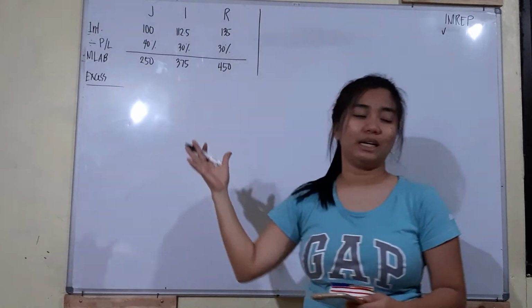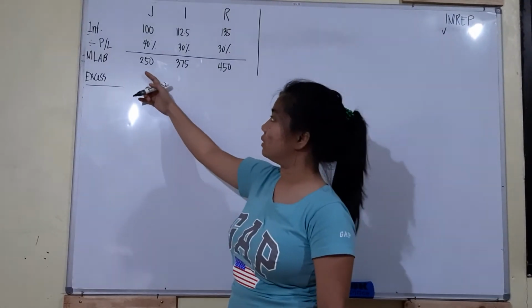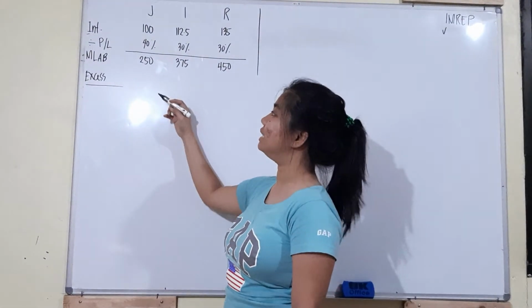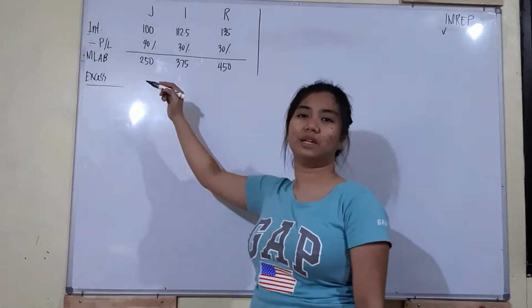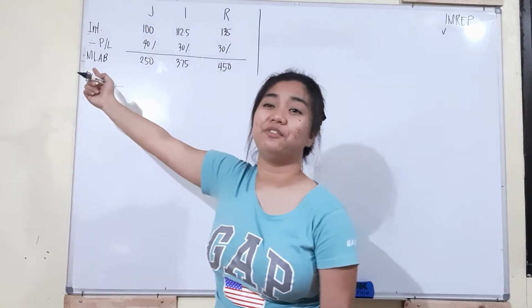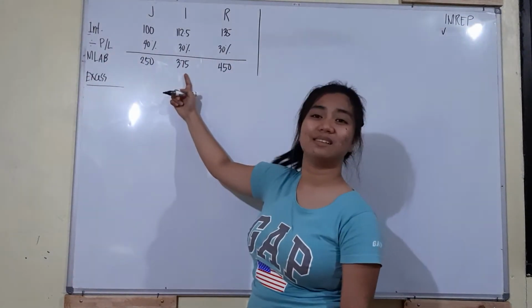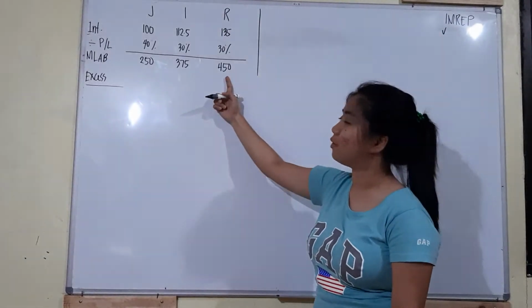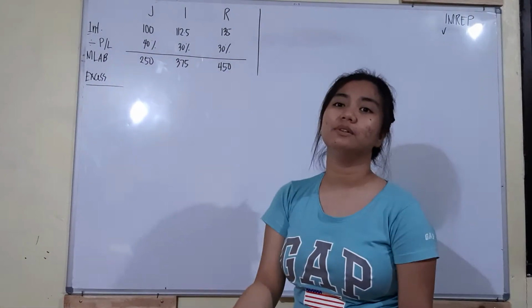So, napaliwanag ko na kanina what is maximum loss absorption balance. So, Jeff will not have deficient balance kung hanggang 250 lang yung loss. Upon reaching 251, Jeff will already incur deficiency. Upon reaching 376, Irene will have deficiency. And upon reaching 451, Ruby will have deficiency.